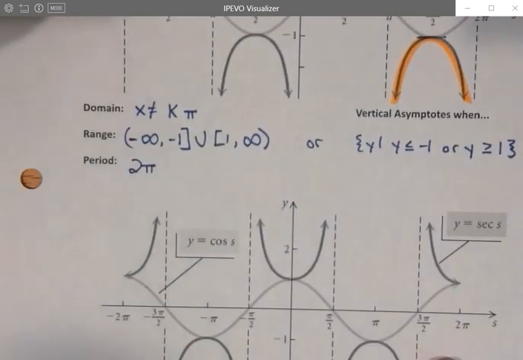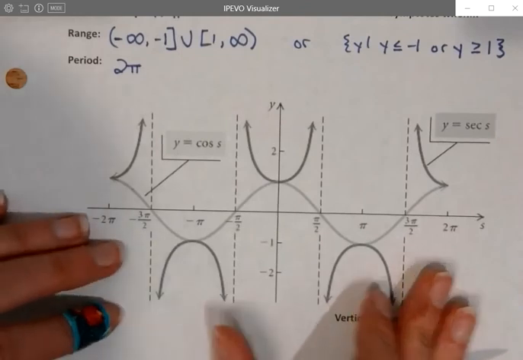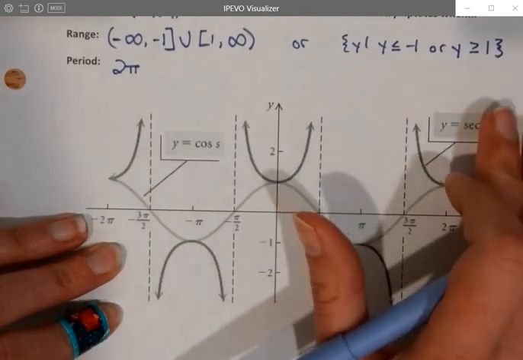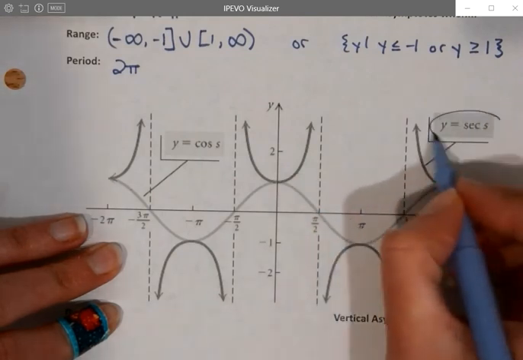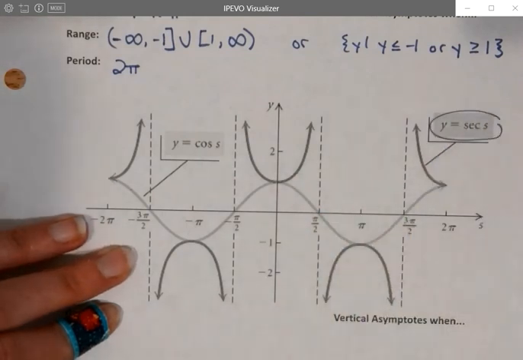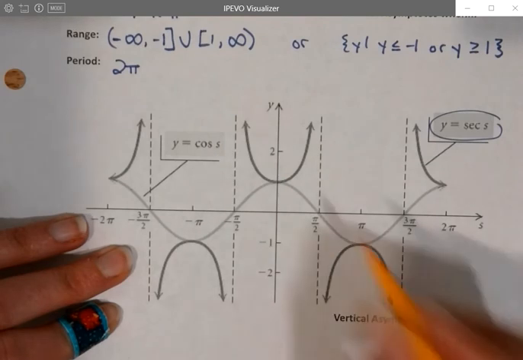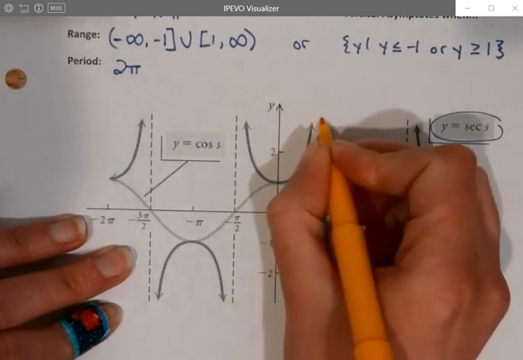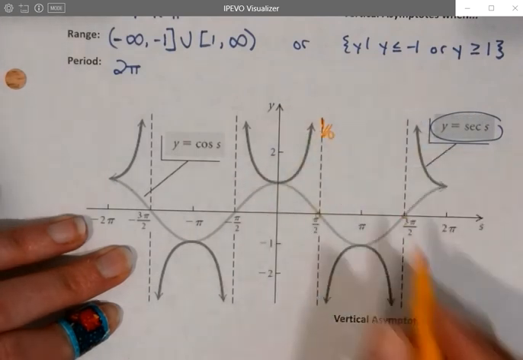Okay. Last function, the secant function. We got the cosine lightly drawn in here so we can see its reciprocal function. This is the function we're trying to look at, the secant function. And any place, again, where the cosine function would have been 0, I have the 1 over 0, which is giving us that asymptote up there.